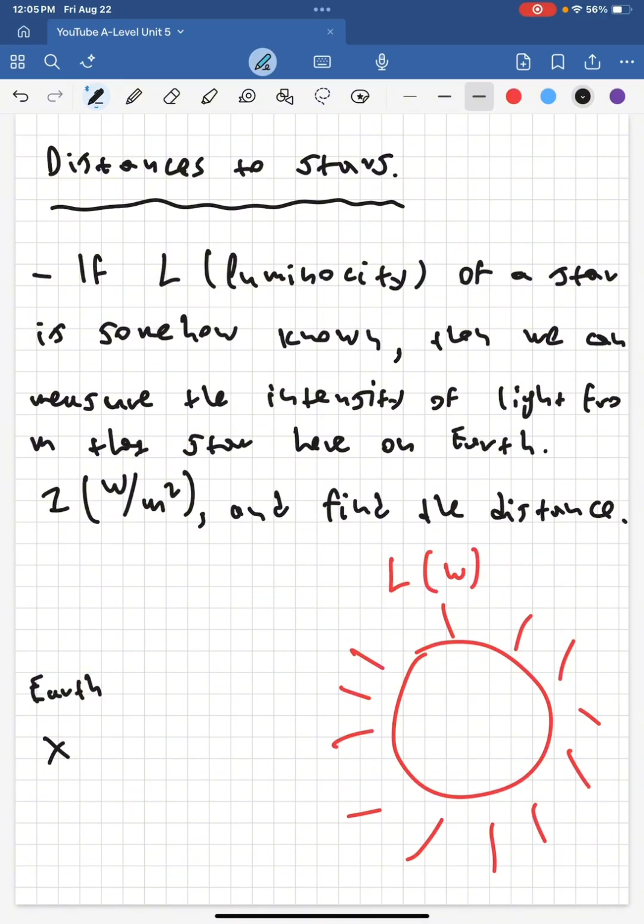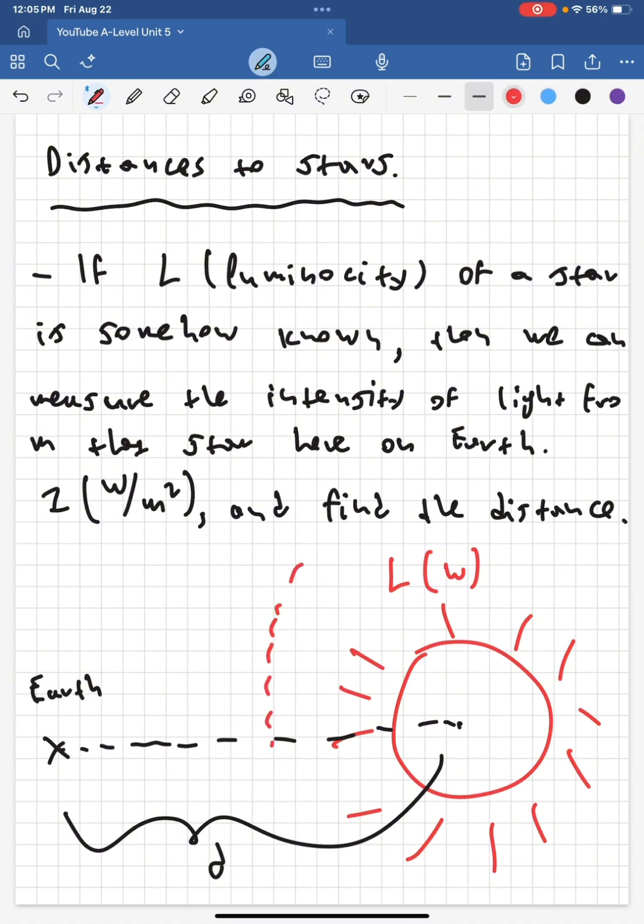So this is the distance we want to determine, this is D. The star emits light radially outwards, like in spheres. This is where we measure I.